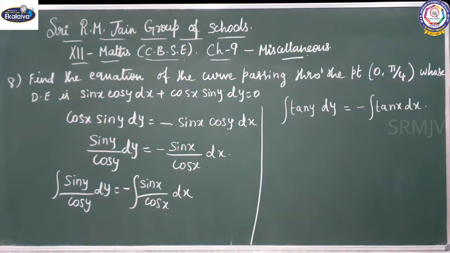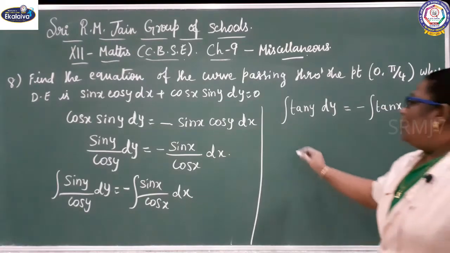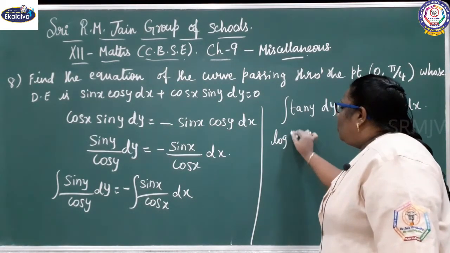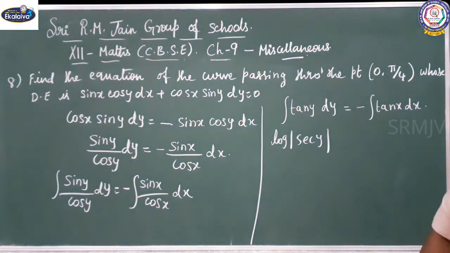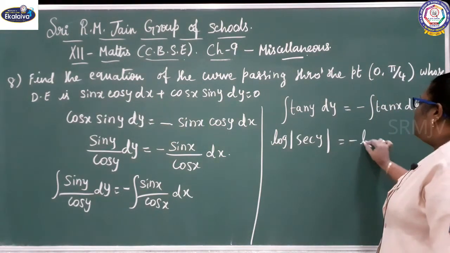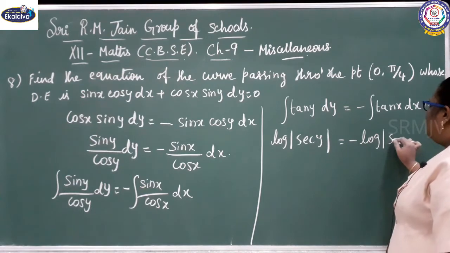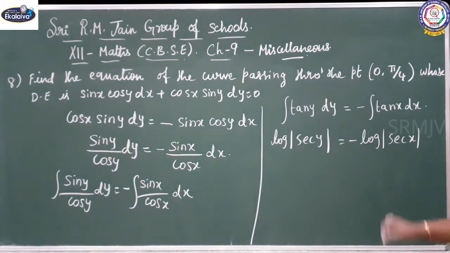What is the integration of tan y? Log of modulus of secant y equal to minus log of modulus of secant x. Both the sides have log, so you can put log of mod c.